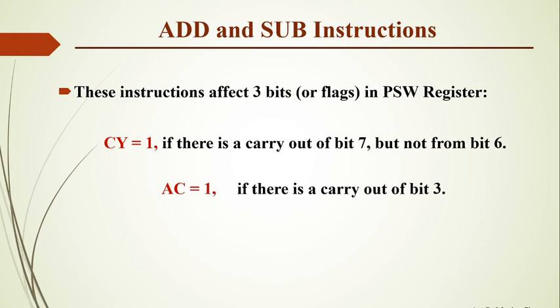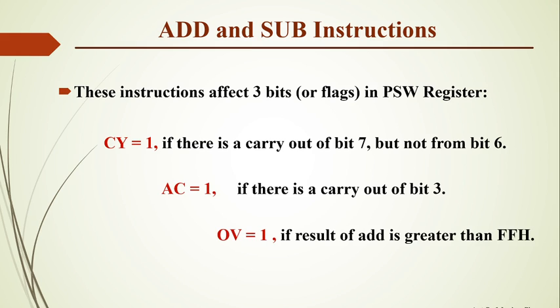Next is the auxiliary carry flag, set to 1 if there is a carry out of bit 3. Then the overflow flag, set to 1 if the result of addition is greater than FFH, that is greater than 8 bits.